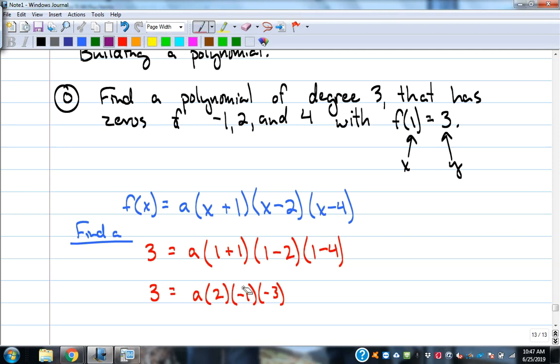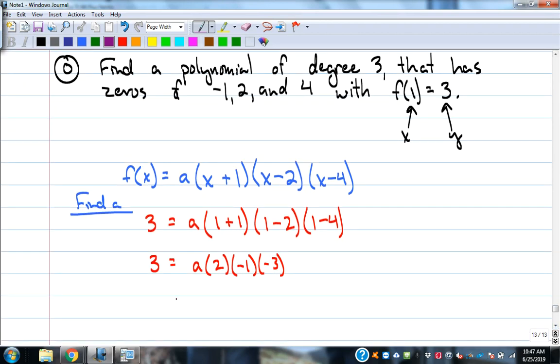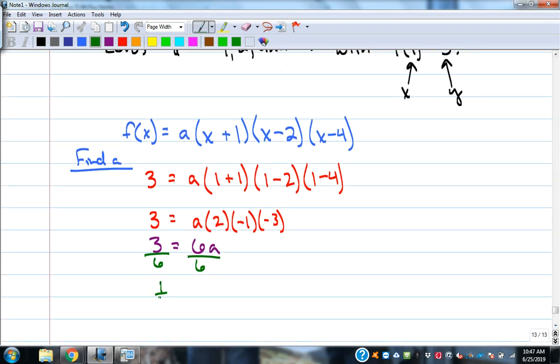And then I'm just multiplying these numbers together. 2 times negative 1 times negative 3 would be positive 6. And then I'm going to solve for a by dividing by 6. So 1/2 is a. Okay.